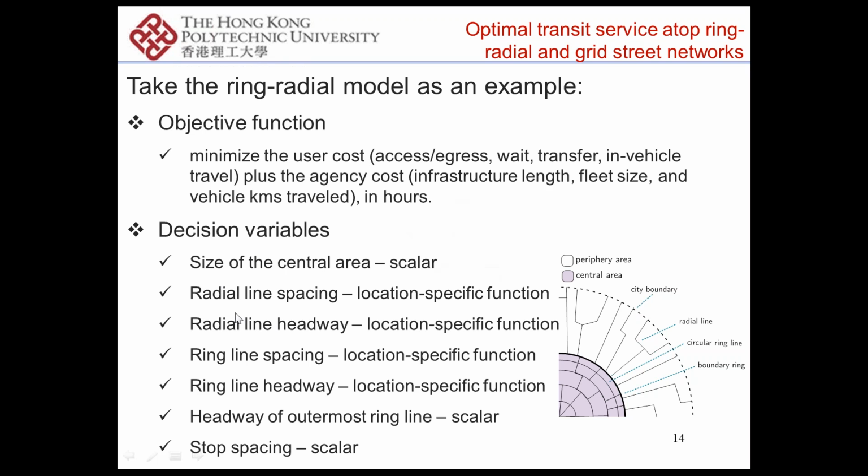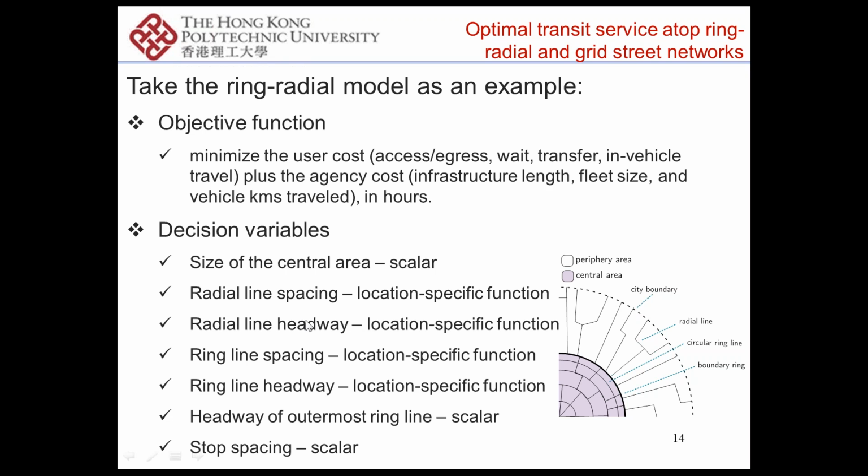So the decision variables will include the following. The first one is the size of the central area, which is just a number, a scalar. The radial line spacing is a location-specific function, which is actually a function of the distance from the location to the city center. We call that x. So it's going to be a location-specific function. The line spacing will vary when x changes from 0 to the boundary of the city.